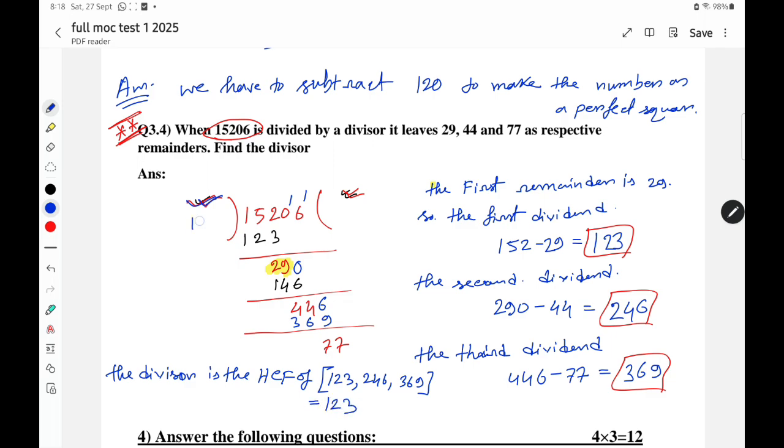So this divisor is 123, and in each step if I divide this, the first step comes from 1, the second step comes from 2, and the third comes from 3.